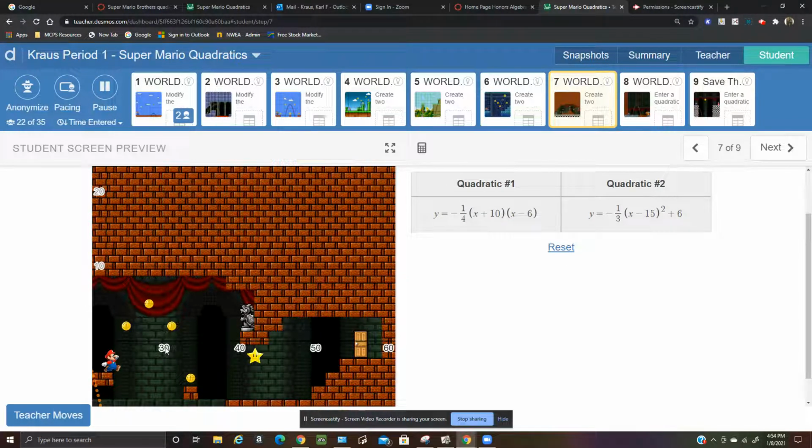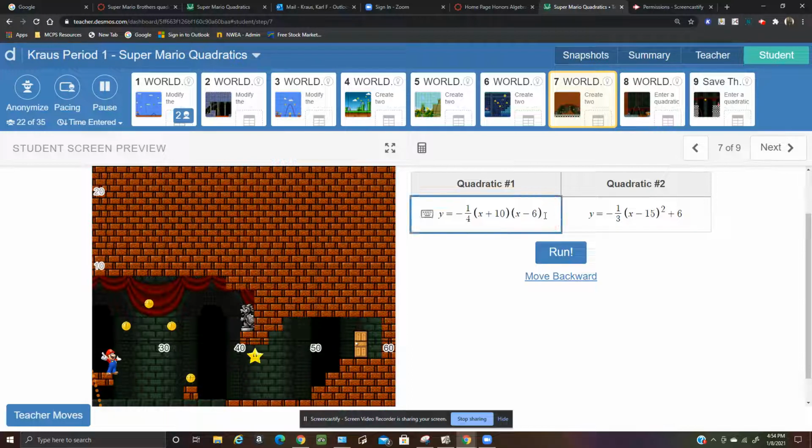Alright, this vertex, 28, 5 maybe. And then make it wider.